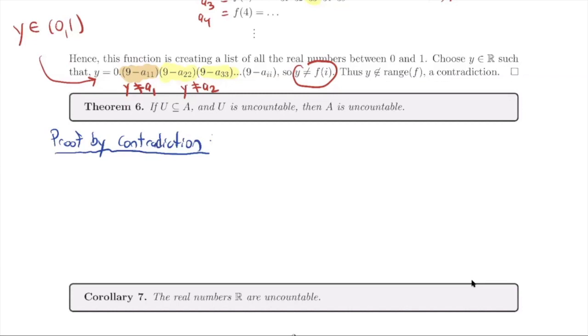Remember that if we're going to prove an if-then statement by contradiction, then what we do is we suppose the hypothesis is true, that U is a subset of A, and we're going to claim that U is uncountable.